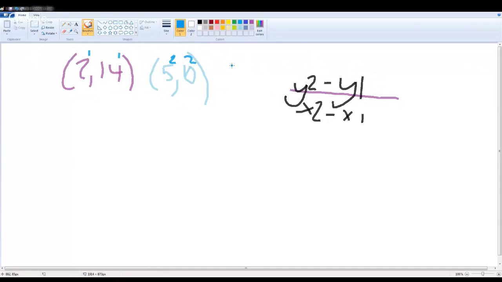Now, this is how you know which one's X and which one's Y. Which one comes first in the alphabet? X, then Y. So X goes first before Y. So, X1.